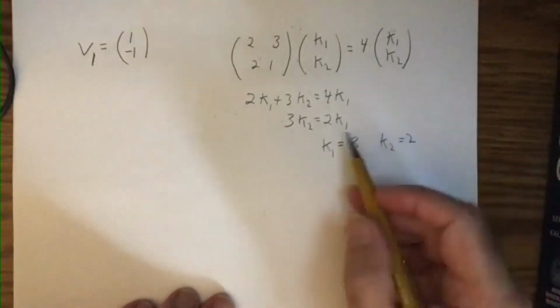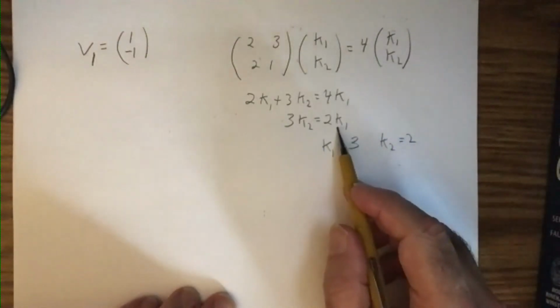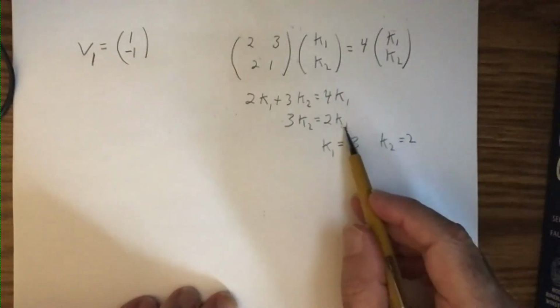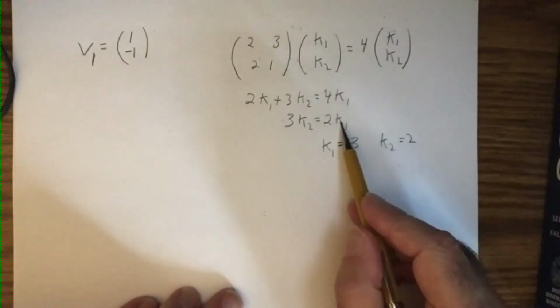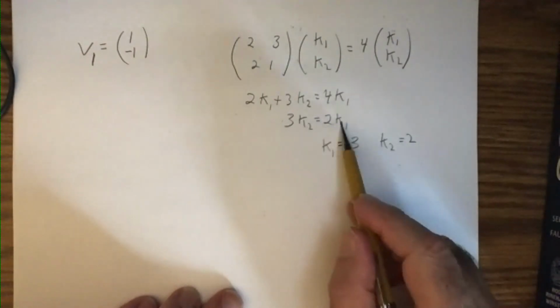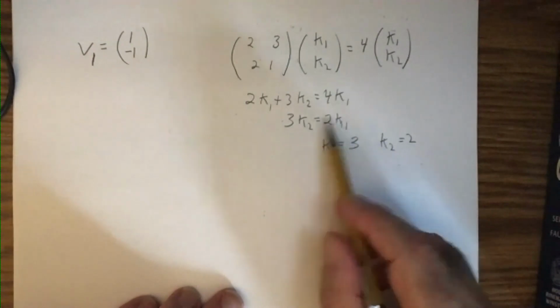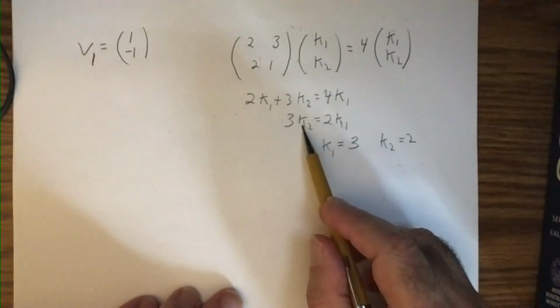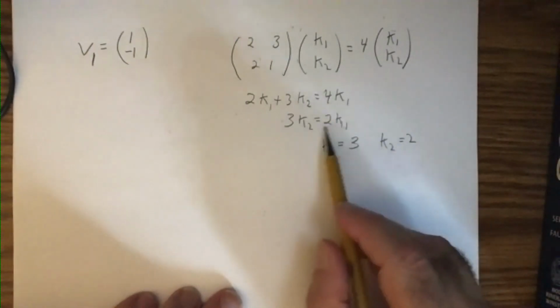Once again, it's arbitrary. I want to deal with integers, that's why I'm setting this equal to 3. If I set this equal to 3, then I get 6 on this side, and this equal to 2. If I set this equal to 1, I could do that, but then I'm going to get a fraction here. Once again, it's arbitrary, but that wouldn't be wrong.